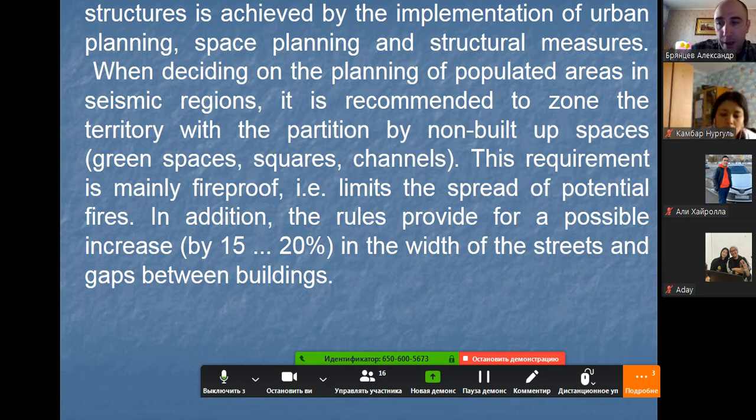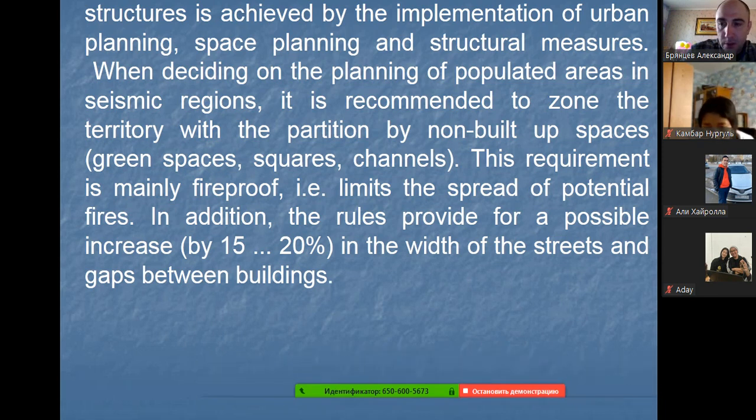In one way it creates good urban planning in the territory of construction, but at the same time it protects each building from collapsing and from hitting each other. I mean that if there is a big, strong earthquake and the building begins to shake, other buildings should not stand near the existing building.